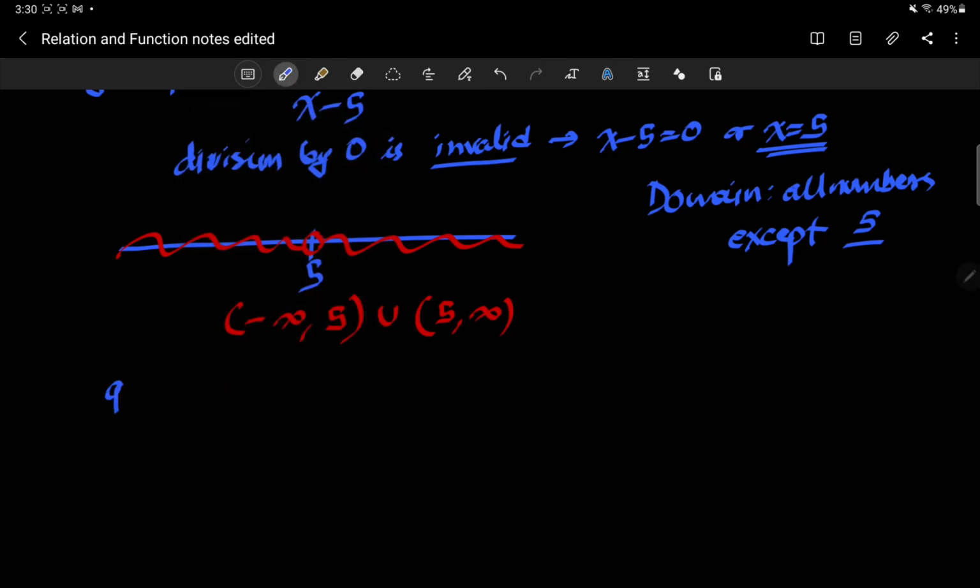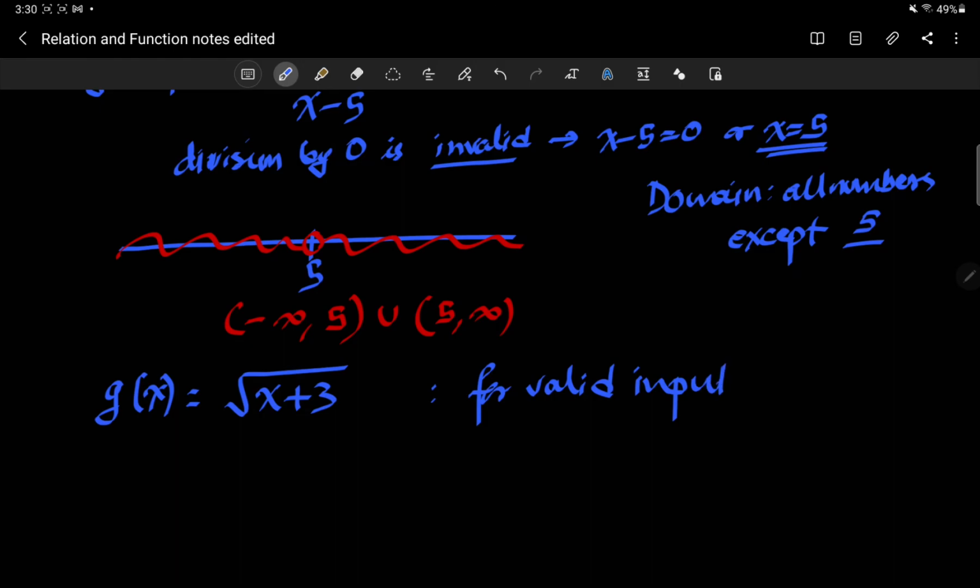Another example would be the square root of, say, x plus 3. Here, for valid inputs, we need this to be greater than or equal to 0, meaning it's positive or 0, because the square root of 0 is 0.